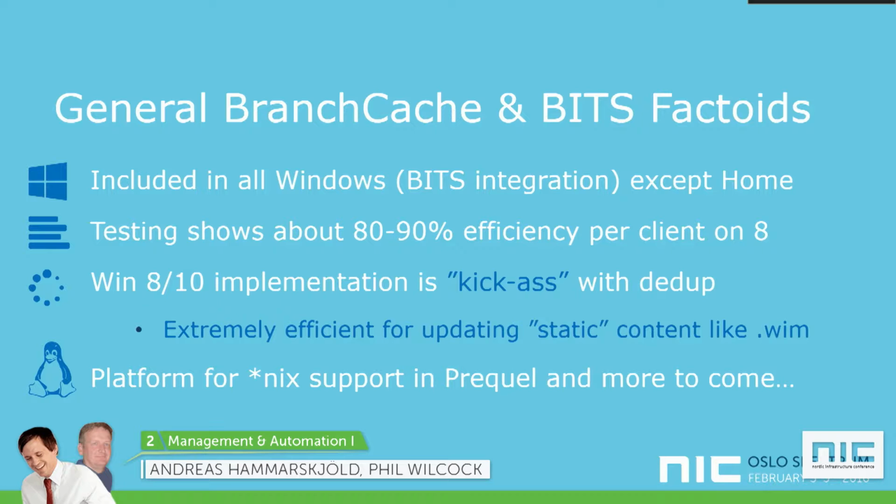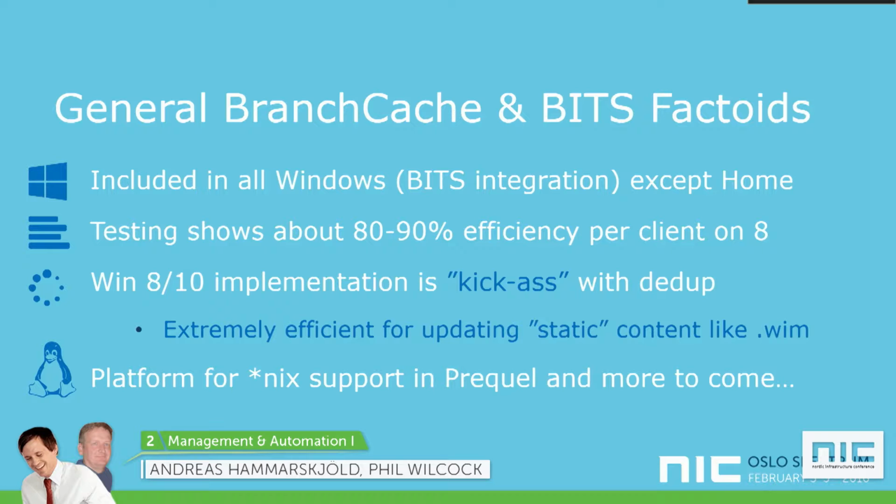It doesn't only do peer-to-peer; from Windows 8, Microsoft did a lot of work to implement deduplication within the transfer mechanism. Who in here uses deduplication on their Windows servers today for content? Yeah, a few hands. Good. BranchCache is basically, with V2, the same thing as dedup.